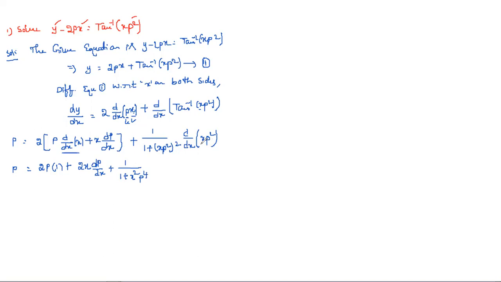And again, if you observe, here we have two functions, so we need to apply the product rule. That is nothing but x into the derivative of p square, which is 2p into dp by dx, uv dash plus vu dash. So p square into the derivative of x is nothing but 1. So uv dash plus vu dash.